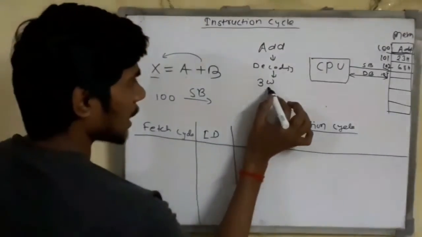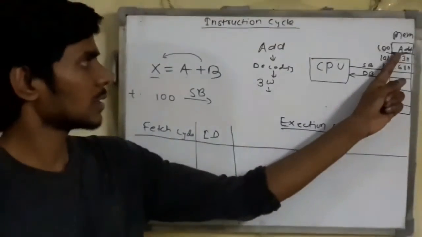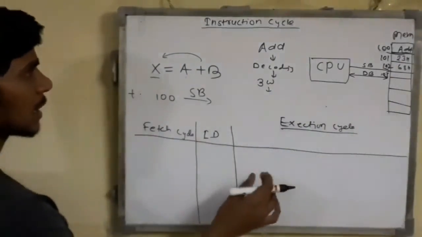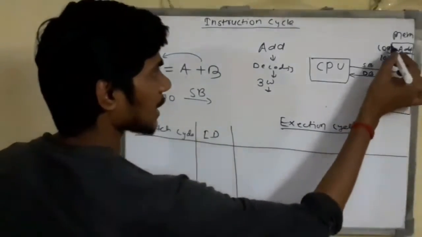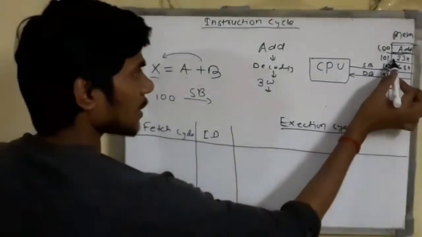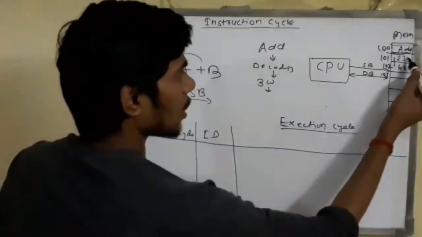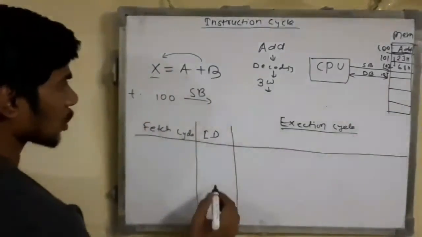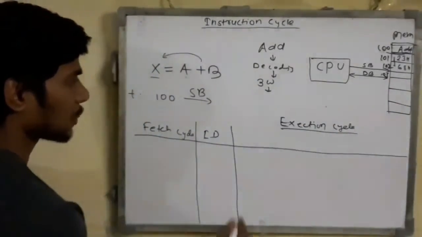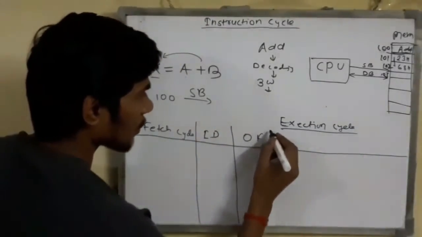In the fetch cycle we have only brought this instruction. In the remaining cycle we are going to fetch the remaining part of this entire instruction. That means we are going to fetch these two operands from position 101 and position 102 and bring them into the CPU. This is known as operand fetch.